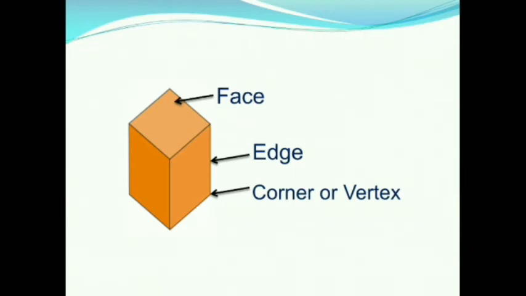They are face, edge, corner or vertex. The side of the particular shape is called the face. The line where two faces meet is called an edge. The point where three edges meet is called vertex.